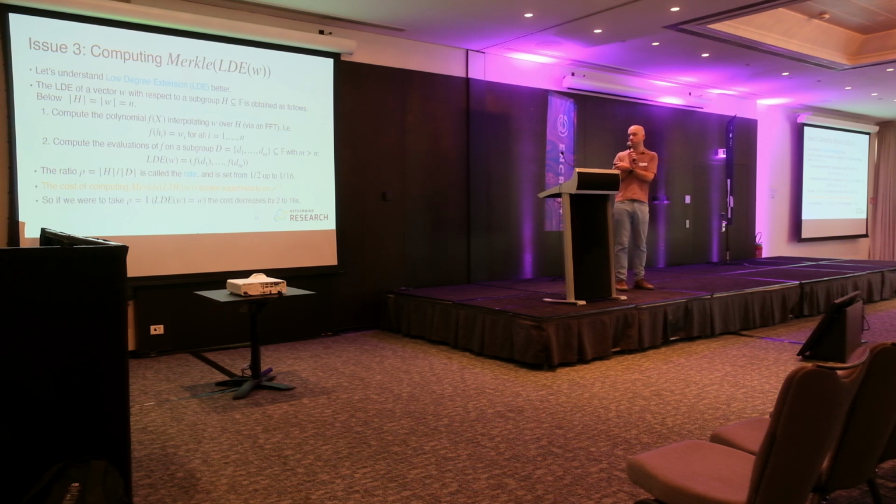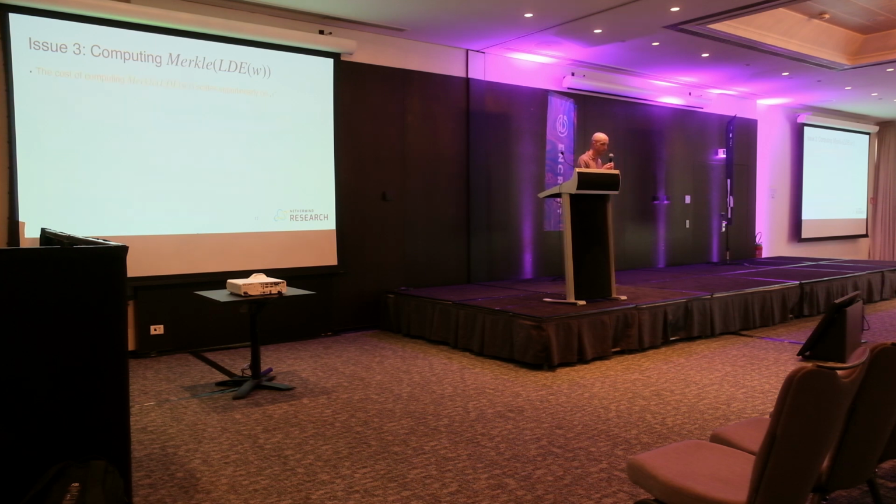So if we were to take the rate to be 1, which we cannot because of security issues, then the cost of committing to the low-degree extension would decrease by a factor of 2 to 16. And the size of the STARK proof scales linearly in the inverse of the rate. As I said, there's this trade-off.